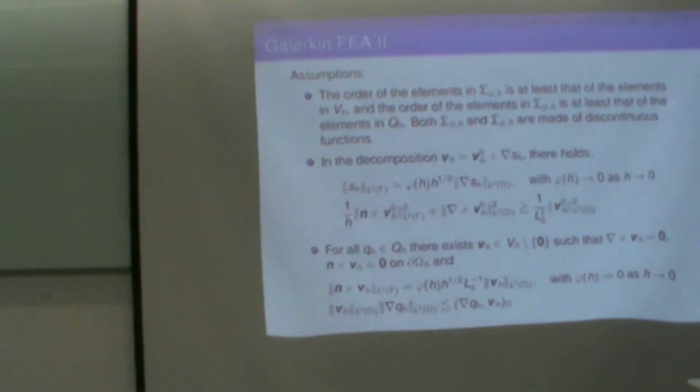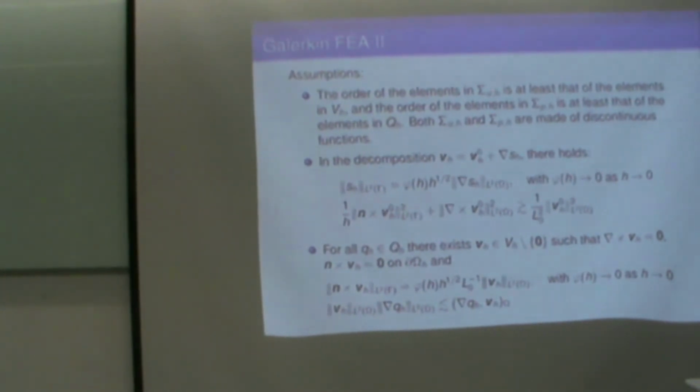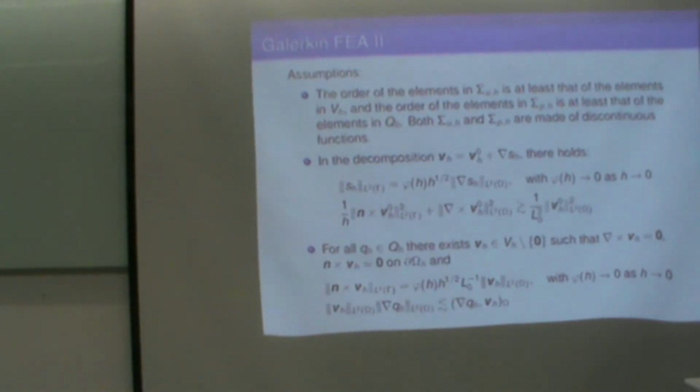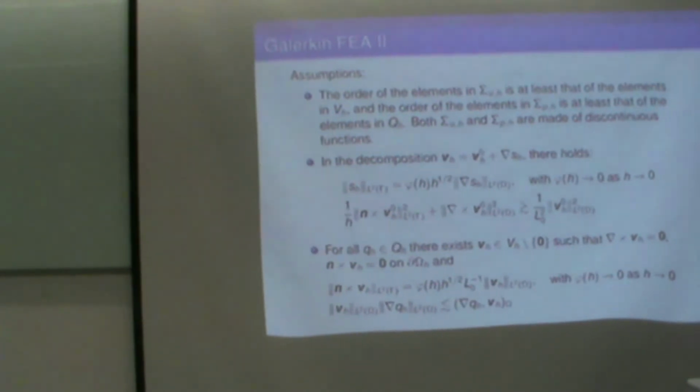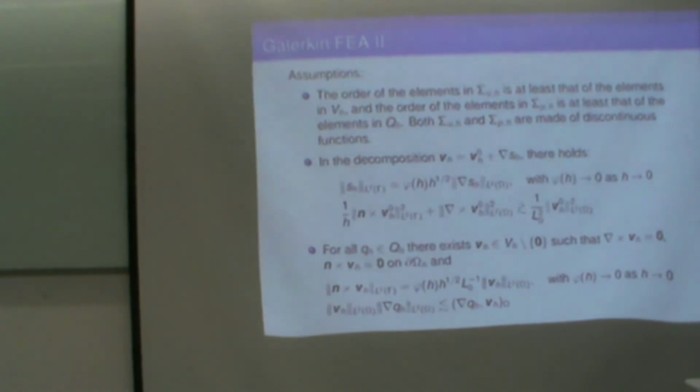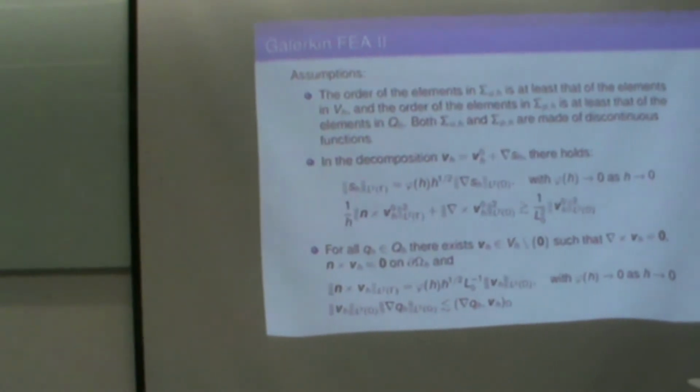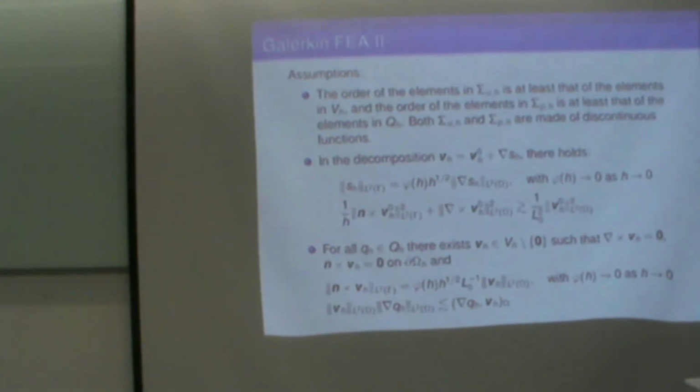First, you have to choose the first Lagrange multiplier so that the polynomial order of the elements in its space is at least that of the elements in the unknown U, and the order of the elements in the second Lagrange multiplier is at least of the order of the elements in the pseudo pressure. And both need to be made of discontinuous functions.